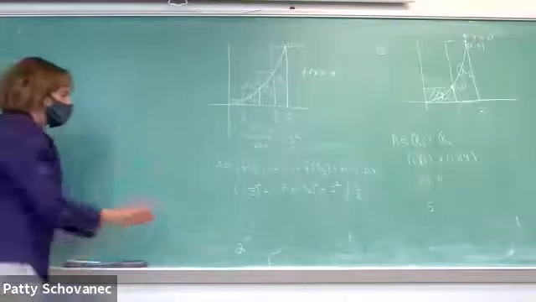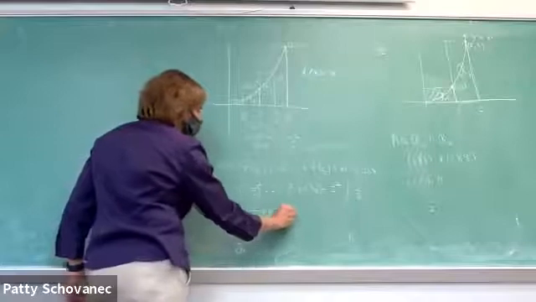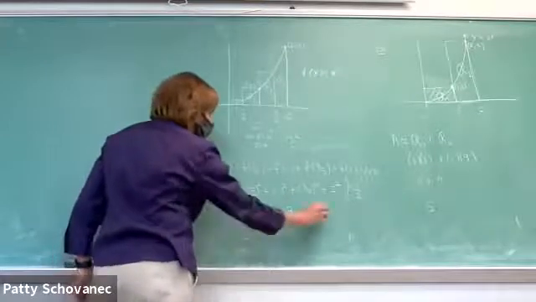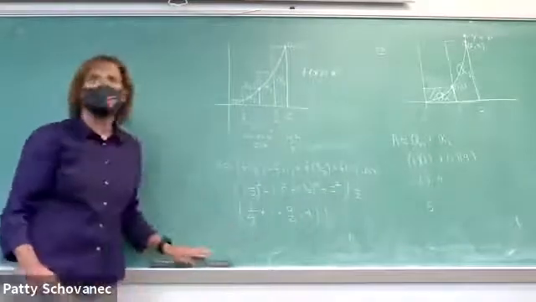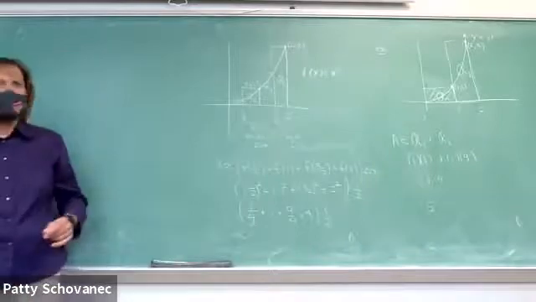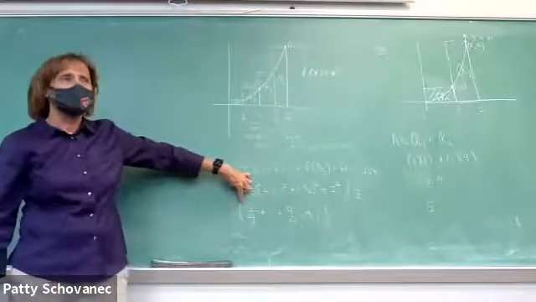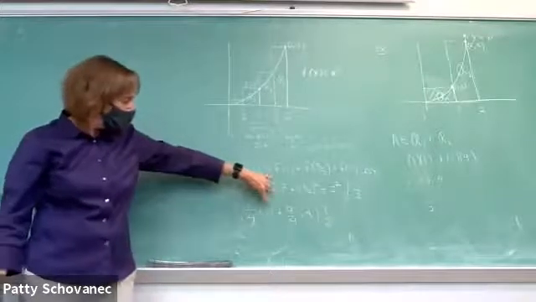Let me do the dirty work. That's 1/4 plus 1 plus 9/4 plus 4, times a half. So I have 9/4 plus 1 is 13/4. Let's see, 1/4 plus 9/4 is 10/4. 10/4 is 5/2.